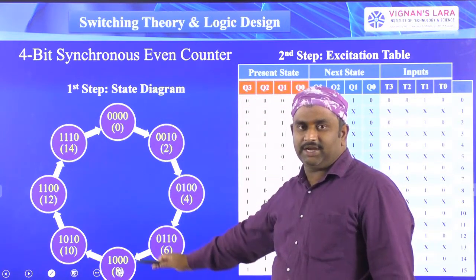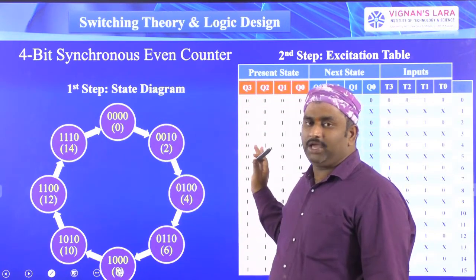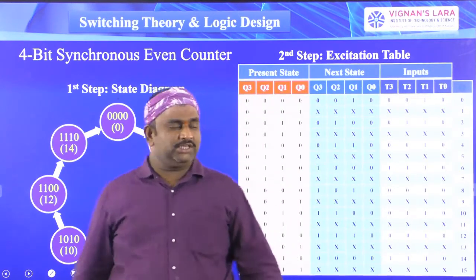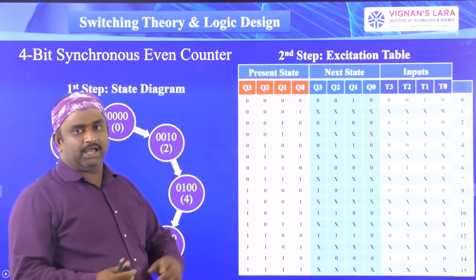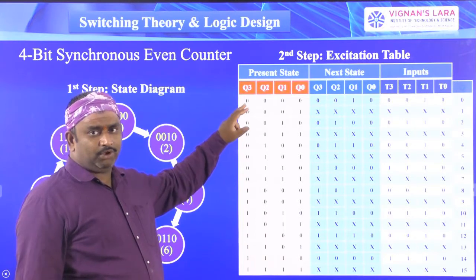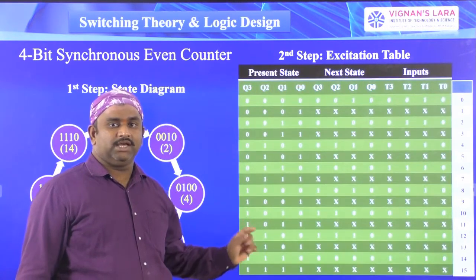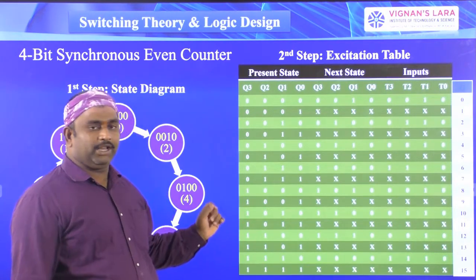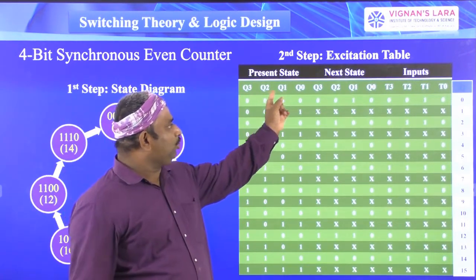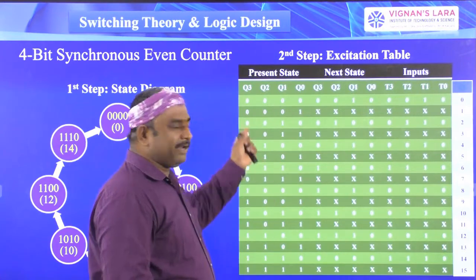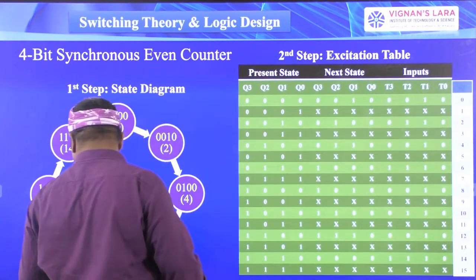Now, this state diagram you have to form as a table, right? So this is the state table. Okay, see here. In the state table, we have Q3, Q2, Q1, Q0.